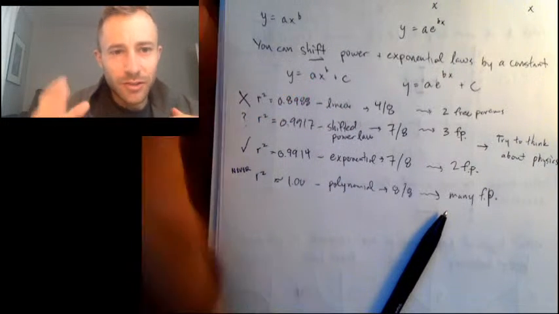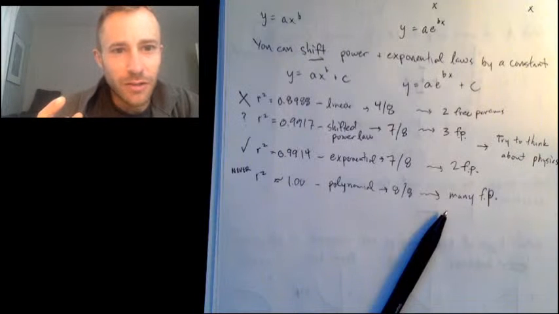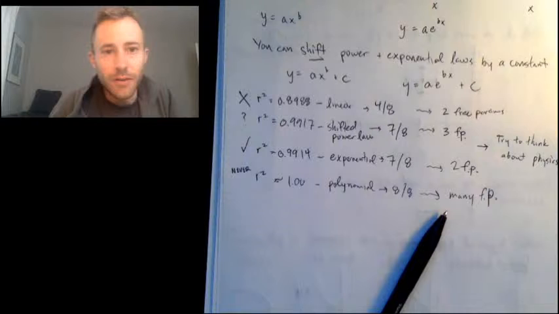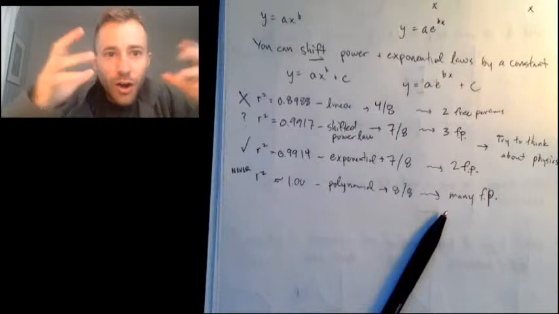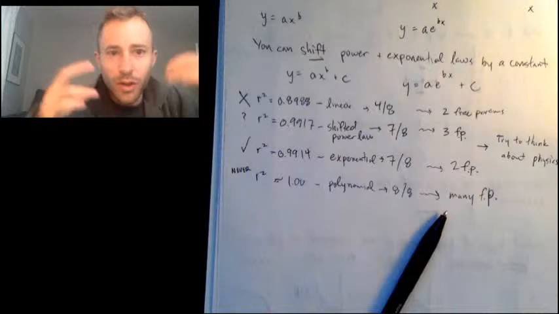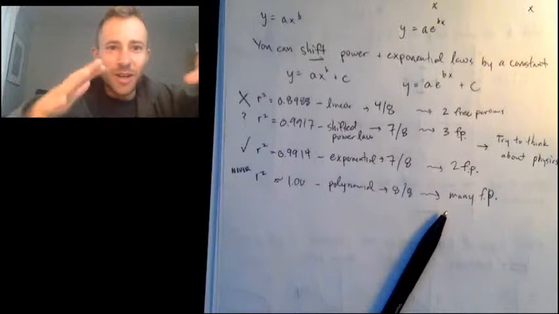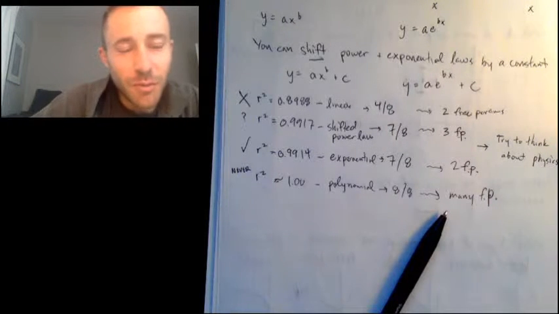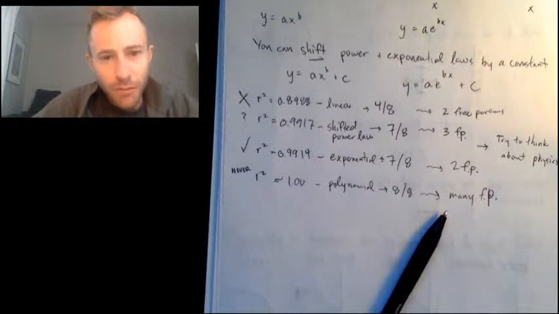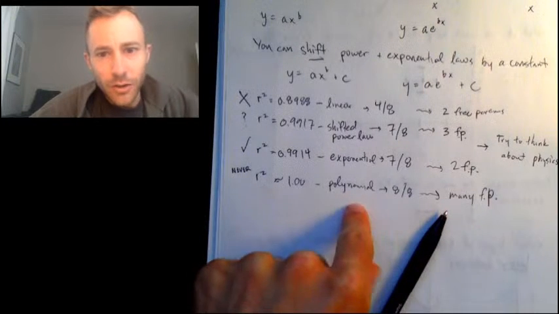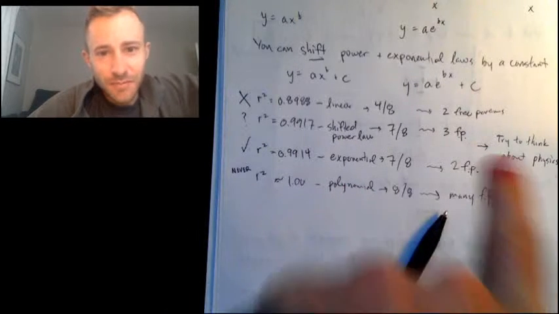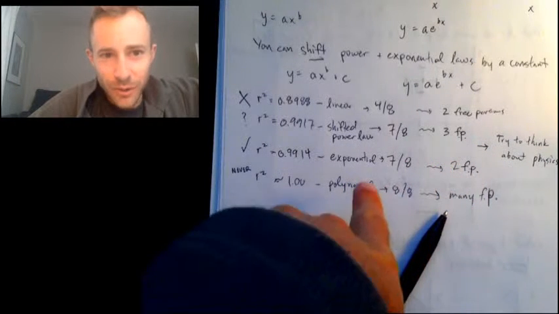But because it has so many free parameters, it doesn't really come from physics. If you had 100 data points and you've got a curve of best fit with 100 free parameters, you're going to be able to make it match perfectly no matter what. So you never want to use a polynomial model. You can always make it look really good with a polynomial model, but it doesn't make sense physically.